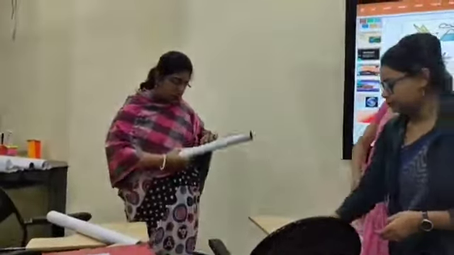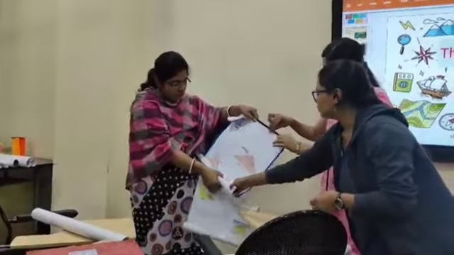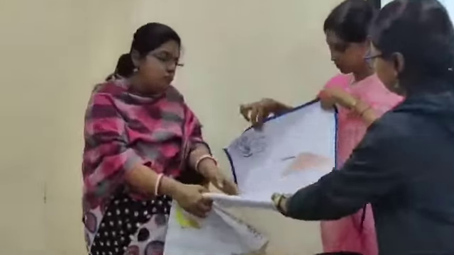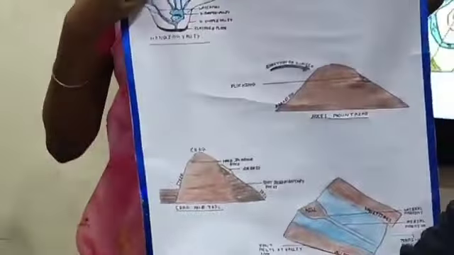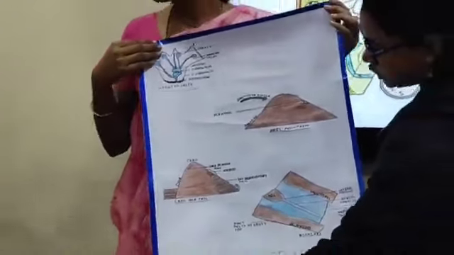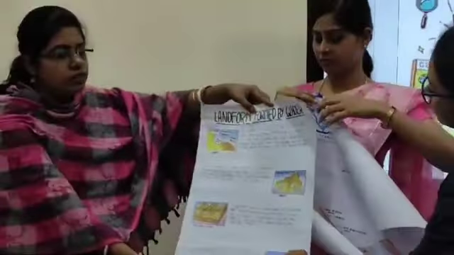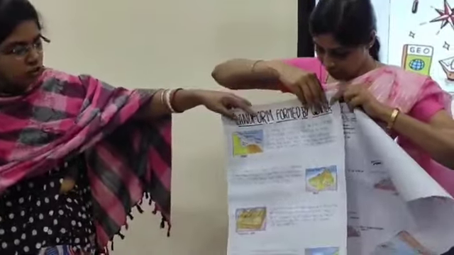Landforms produced by the rivers and the landforms produced by the glaciers. Yes, the glacial landforms, the landforms made by glaciers.